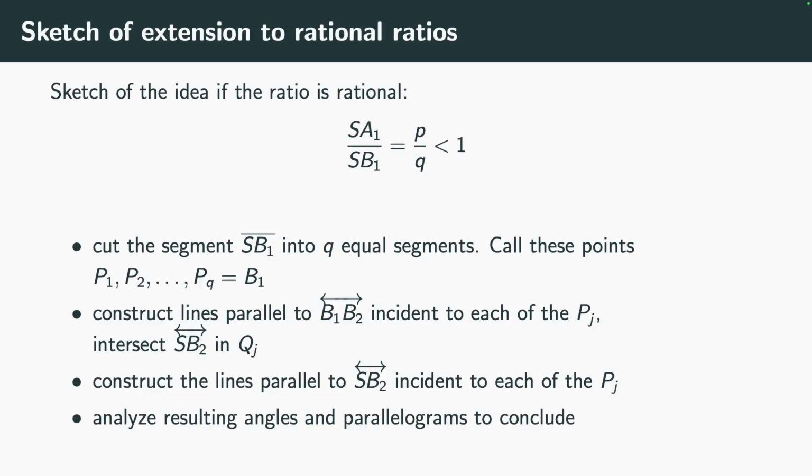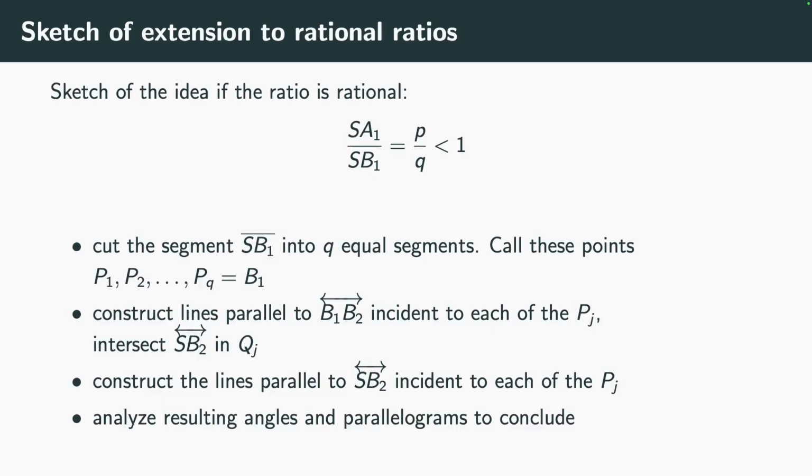OK. The extension to rational ratios is pretty straightforward, except it involves a lot of bookkeeping. So what we'll do here is we suppose that SA1 over SB1 is some rational number P over Q, and I can, without loss of generality, assume it's less than 1 just by swapping the roles of A1 and B1.